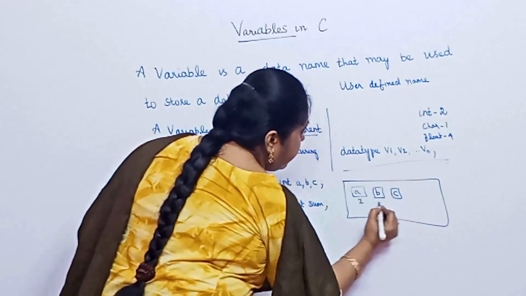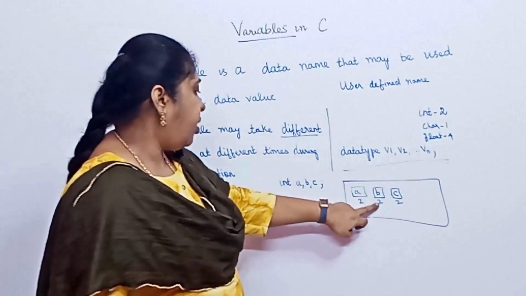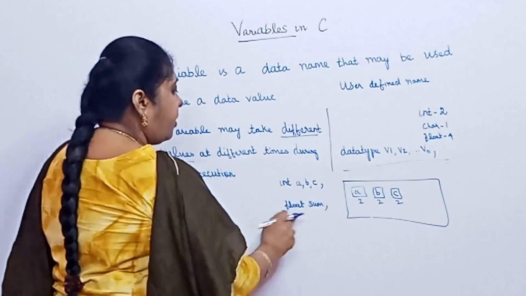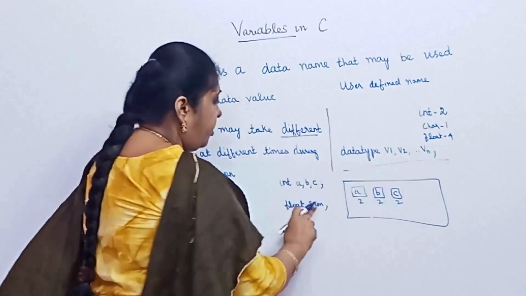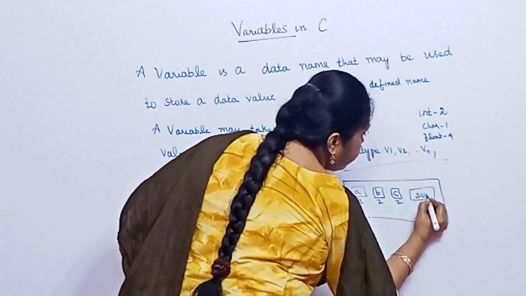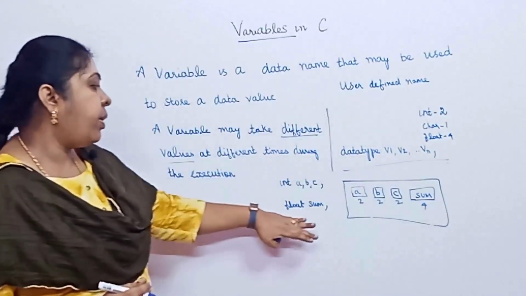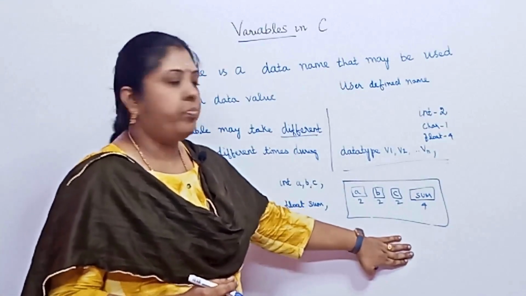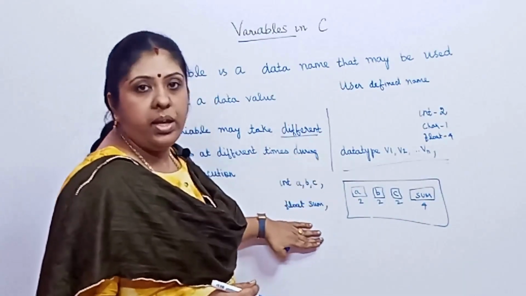A will occupy 2 bytes of memory, B will occupy 2 bytes and C will occupy 2 bytes of memory. And then float sum: float has a size of 4 bytes, so the variable sum will occupy 4 bytes of memory. So depending upon the data type, the memory size will be allocated. In this way the data type and the variable names can be given.